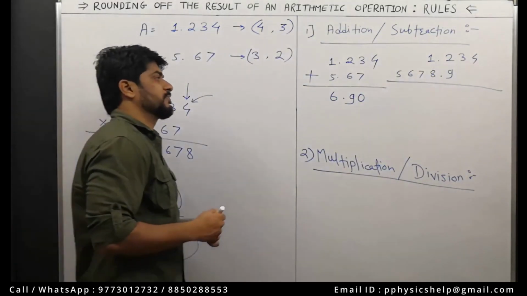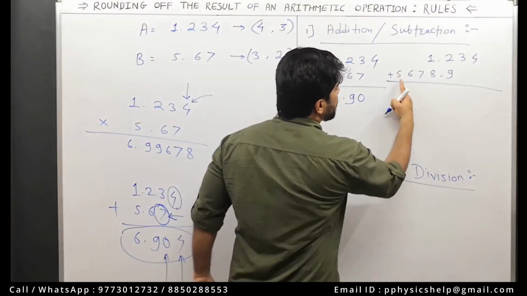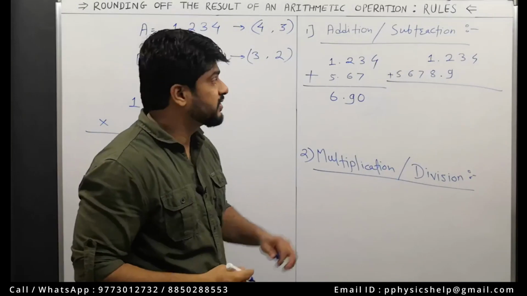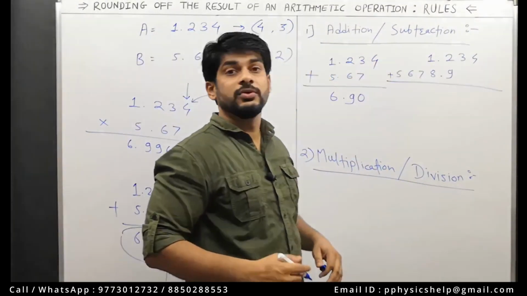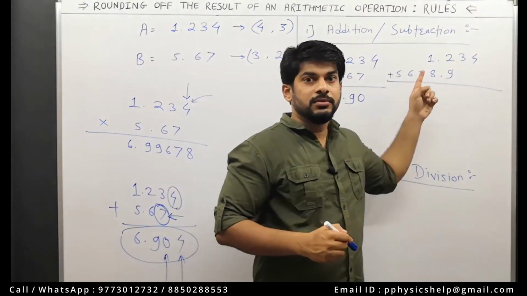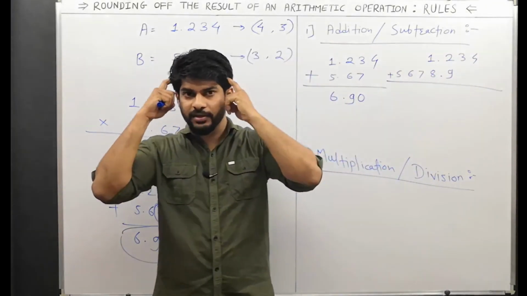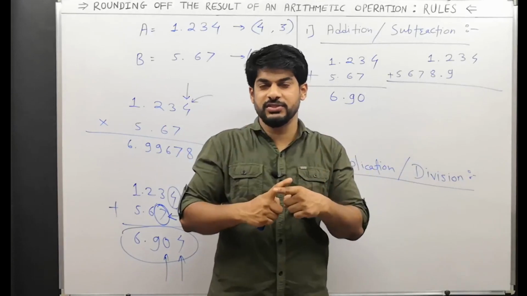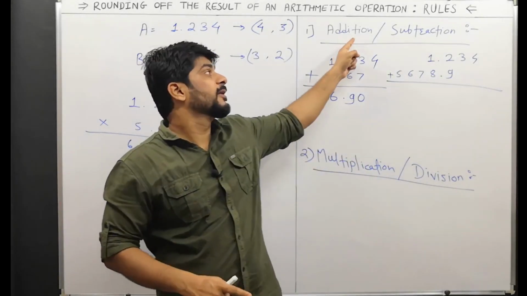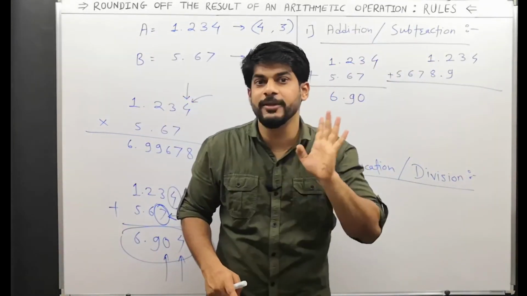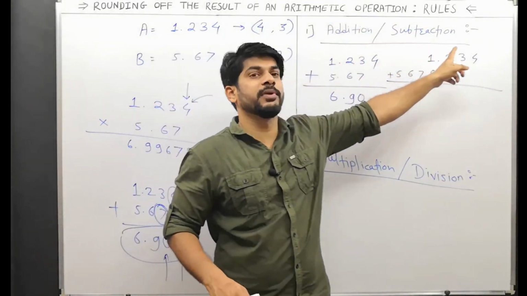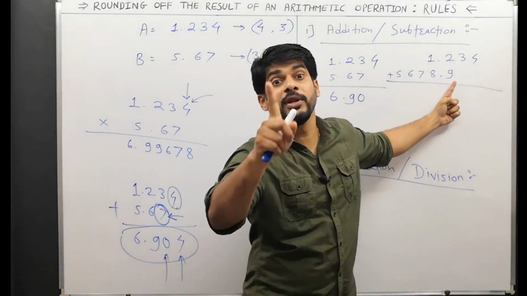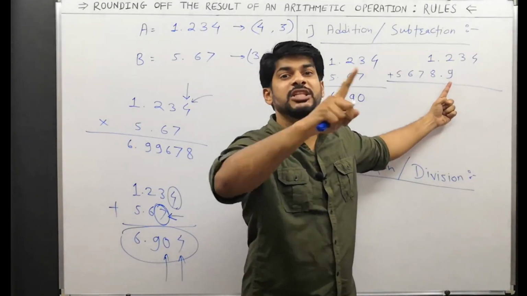Now just check here. This number has more significant figures than this number. But remember, we don't care about the number of significant figures in this rule. For addition and subtraction, what we care about is the number of decimal places only, nothing else.